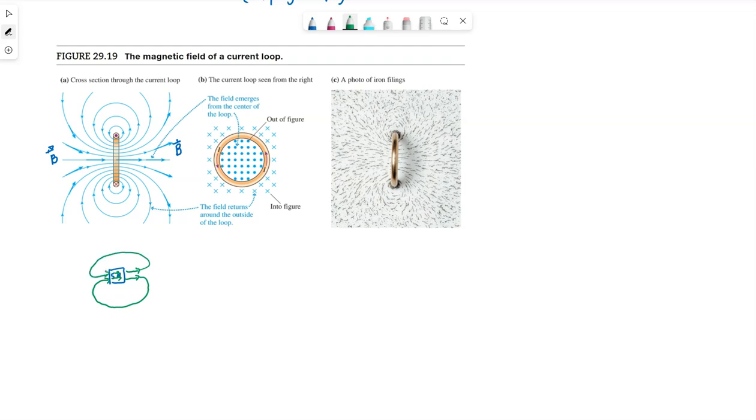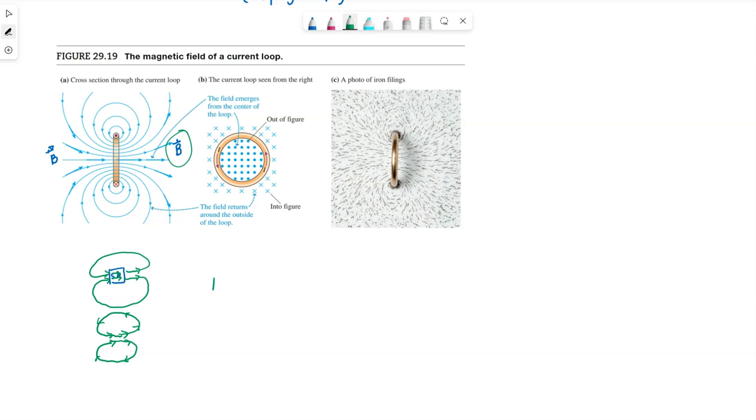So essentially, if I took the magnet out of my picture, just to see my picture better, I would see these magnetic field lines looping around. Essentially, they would look the same as this loop, or extremely similar.